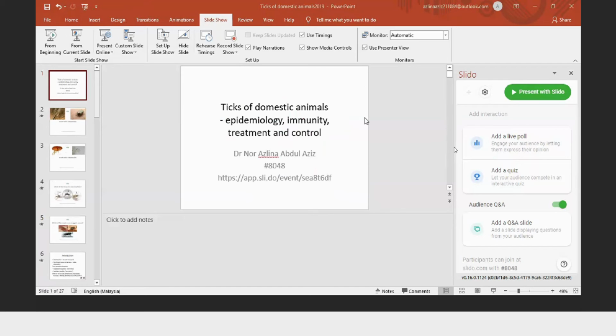Okay, thank you, doctor. So does Lyme disease by ticks occur in Malaysia? So far, no report. But it's not impossible, because no one has done research on that. Okay. Any other question?